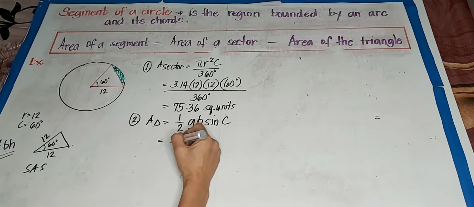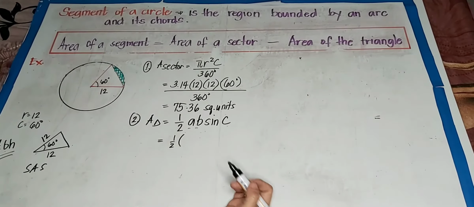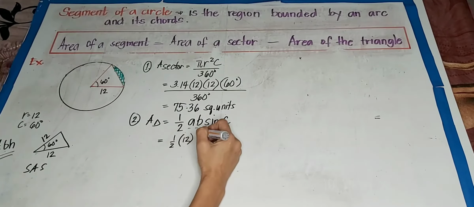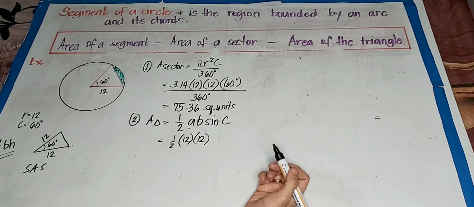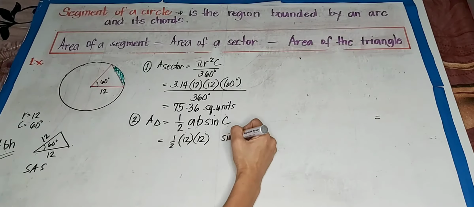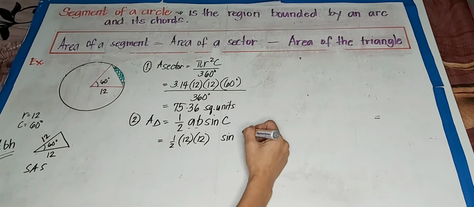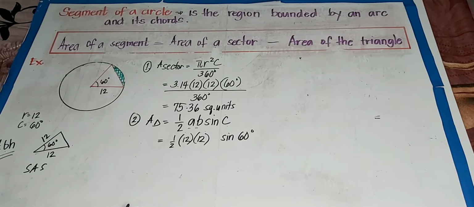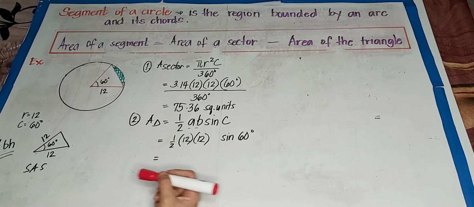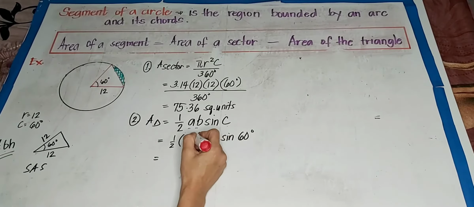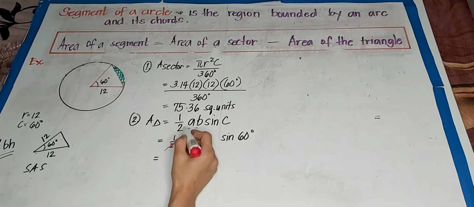So, gawin natin 1/2. Again, our A is 12. Our B is 12. And then sine. Okay, our C is 60 degrees. Okay. Now, compute natin. Pwede nyo itong idiretso na 1/2 times 12 times 12. Okay, pero para hindi ganun ka-calculator, 12 divided by 2 is 6.